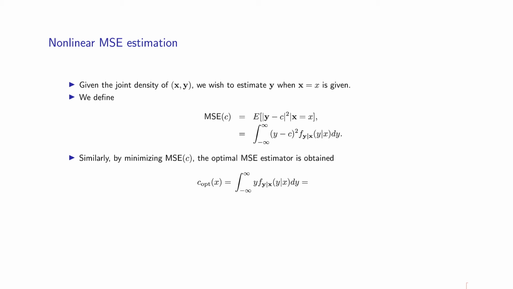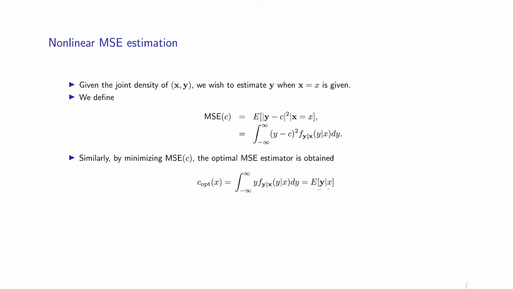So remember that this conditional distribution is the ratio of the joint distribution divided by the distribution of only x. So basically this expression is the conditional mean of y given x equal x. So the best estimator of y is just the expected value of y given x.